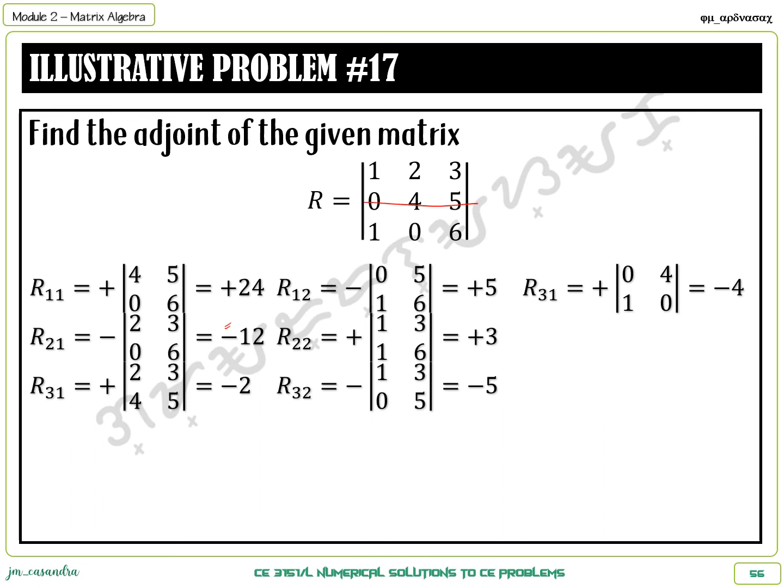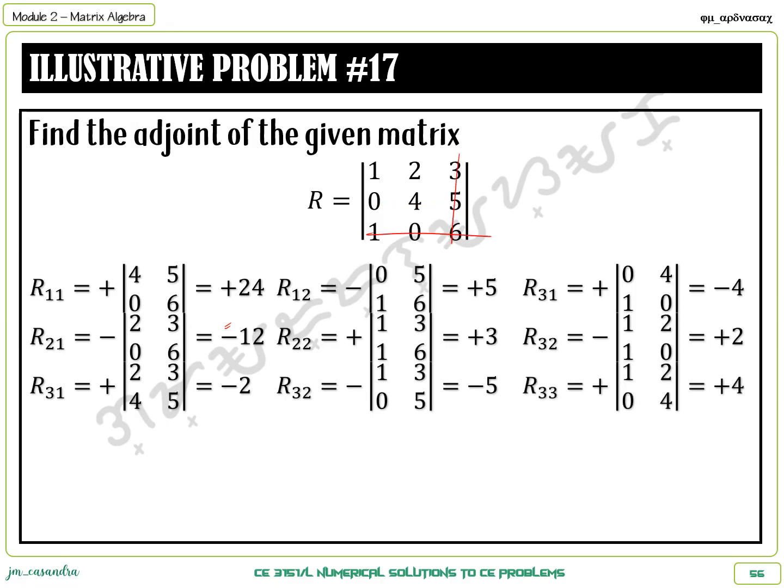Then we have 2, 3, which is equal to positive 2. And we have 3, 3, which is equal to positive 4. So for our cofactor matrix, that will now be positive 24, positive 5, negative 4, negative 12, negative 3, positive 2, negative 2, negative 5, and positive 4.